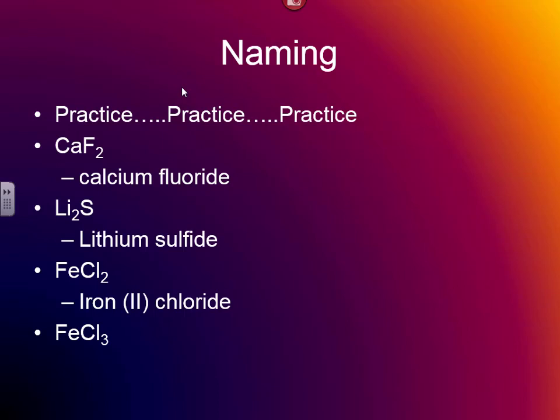Try this one. One small difference here between this one and the last one. What would the charge be on the iron this time? 3. 3, because it still has to balance out the 3 chlorines.